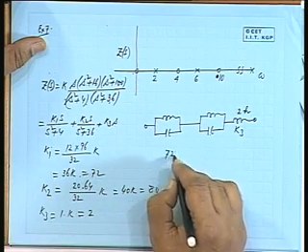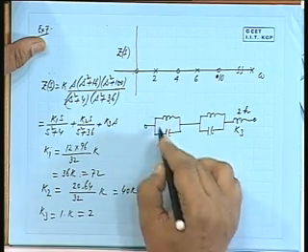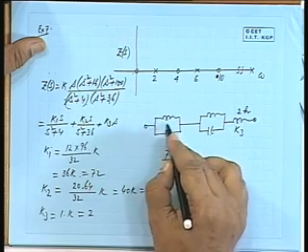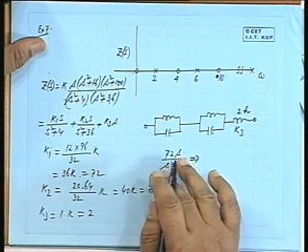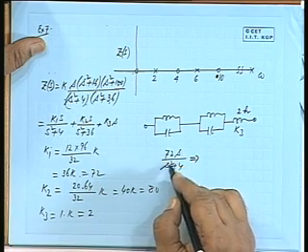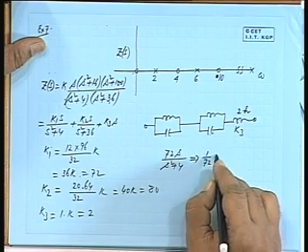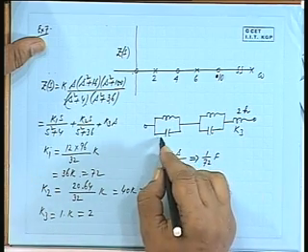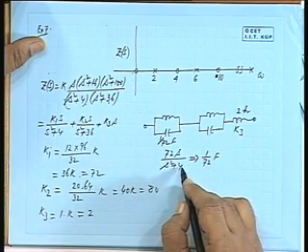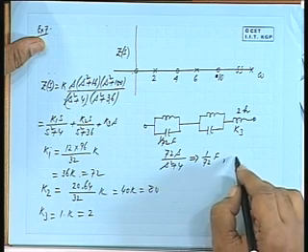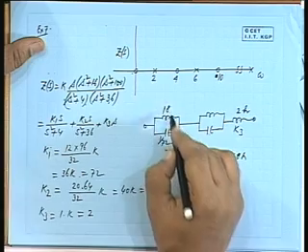So 72S by S squared plus 4 will be the factor corresponding to the first set, this one. So what are the values? S tending to infinity will give me 72 by S, so 1 by 72 farads, okay, 1 by 72 farads, and S tending to 0 will give me 72 by 4, so 18 Henry, 18 Henry.